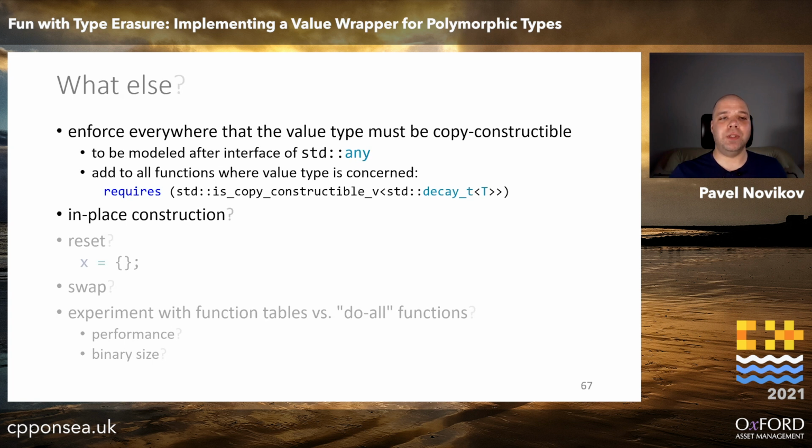So what else can we do? We can implement in-place constructions, again modeling the interface of std::any. We can add a reset function, but we kind of have this already if we just assign an empty instance.